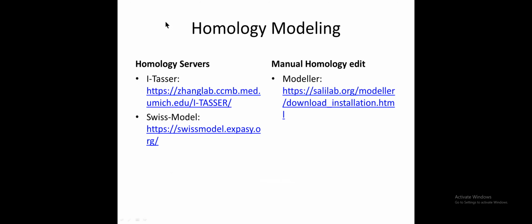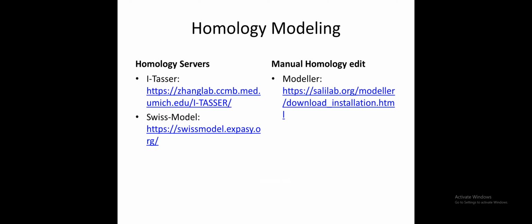Okay, now there are homology servers. Again, assuming you have the primary sequence for the protein, you can submit it to a variety of different servers. I-TASSER is quite popular. Swiss-Model, which also has Swiss-Dock available, has been around for a number of years. Generally, these do not allow you very much flexibility.